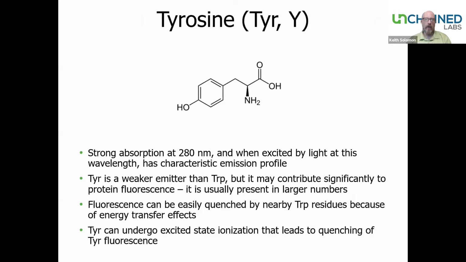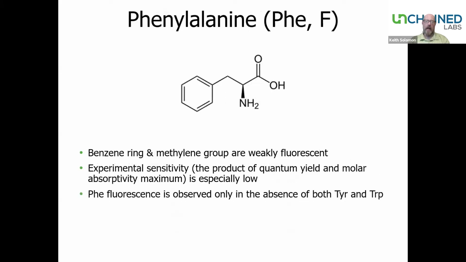And then we're also talking about phenylalanine, which has the lowest quantum yield, but has pretty high energy emissions. And the contribution of phenylalanine to an overall protein fluorescence might be minimal unless there are no tryptophans or tyrosines. And this is important.